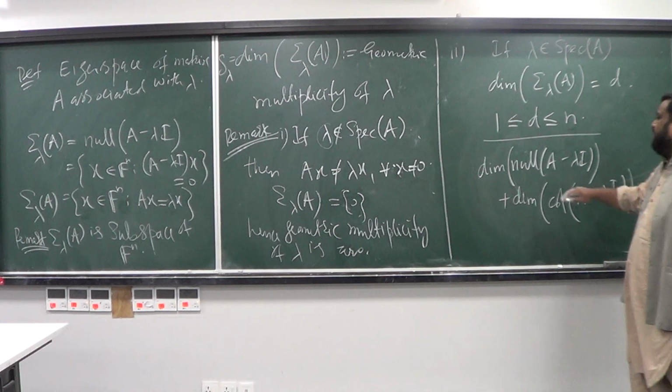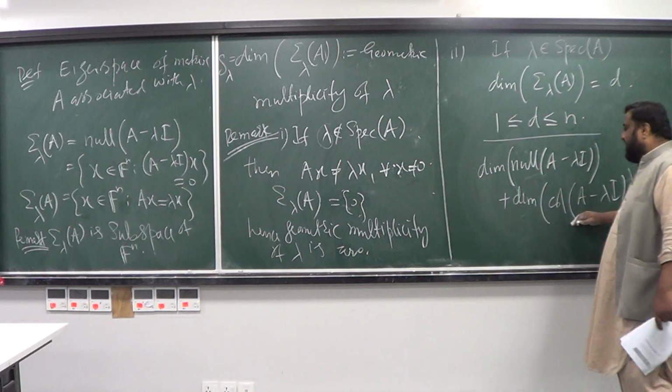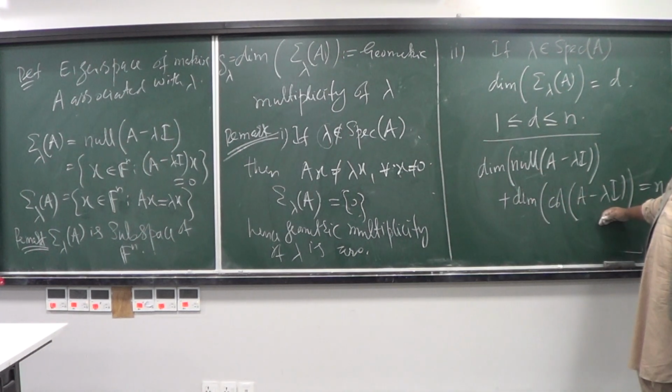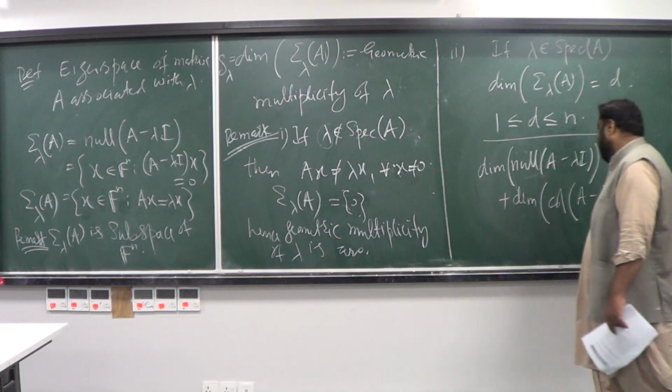So the dimension of the null space of a matrix and the dimension of its column space, this sum should be equal to n.